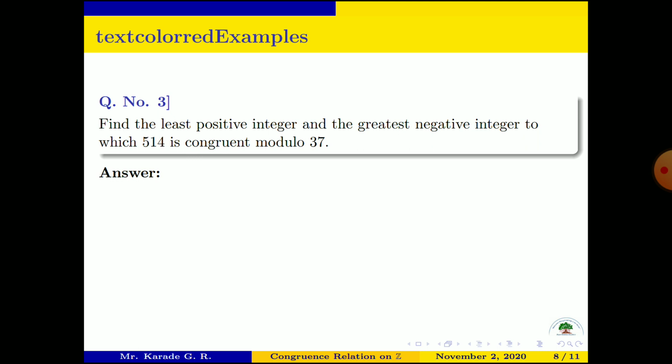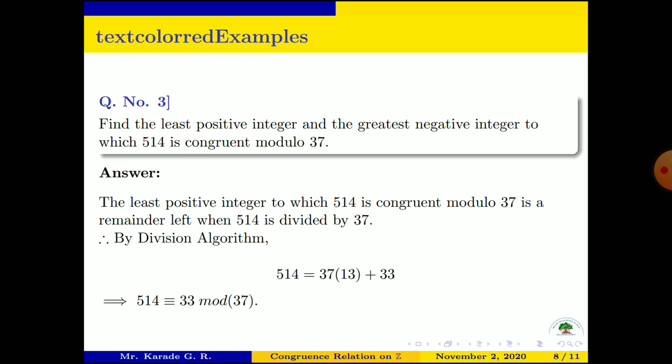By the division algorithm, the least positive integer to which 514 is congruent modulo 37 is the remainder left when 514 is divided by 37. Therefore, by the division algorithm, 514 is equal to 37 into 13 plus 33.